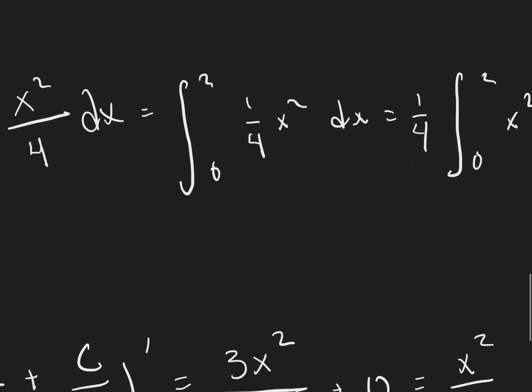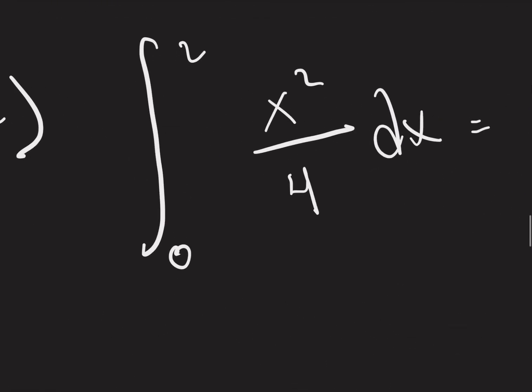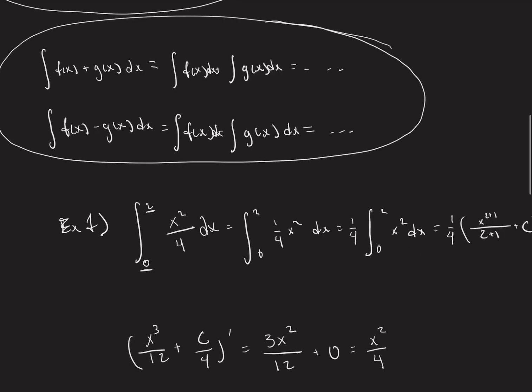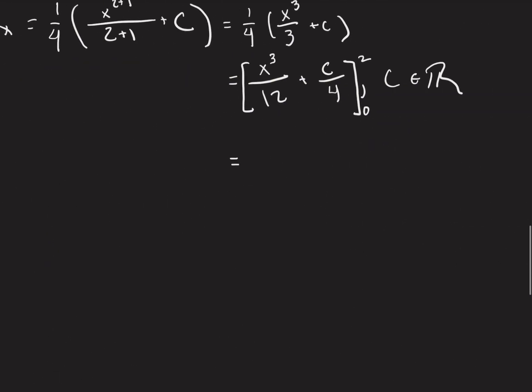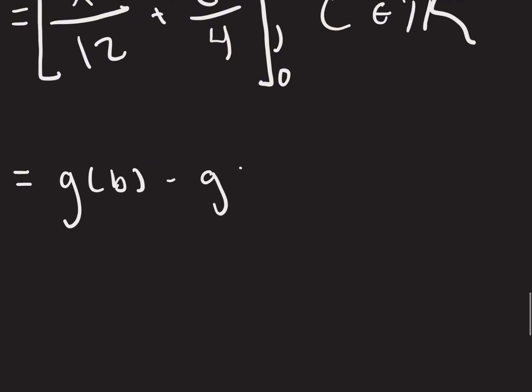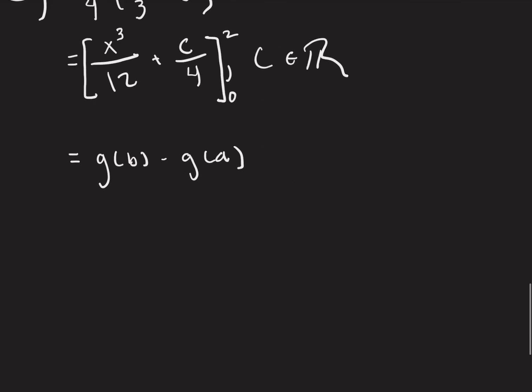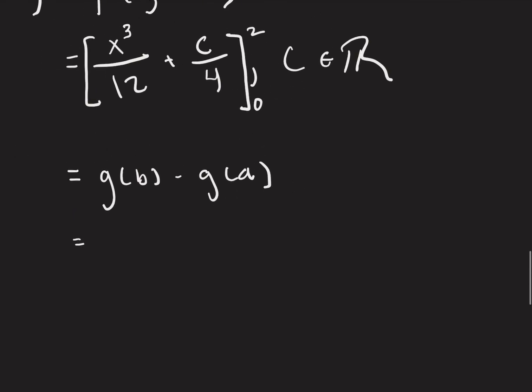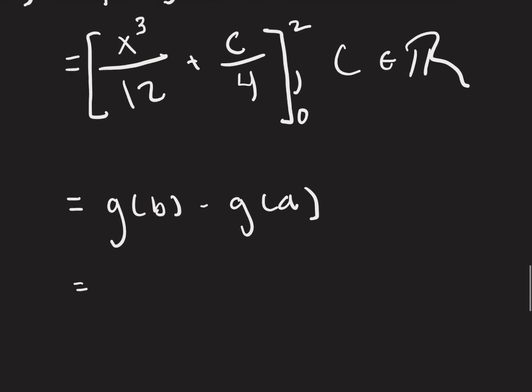In this case, b is 2, the number on top of the integral, and a is the bottom one, so it'll be 0. So it'll be G of b subtract G of a.